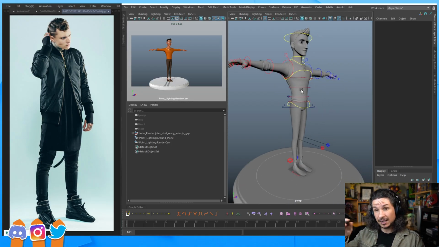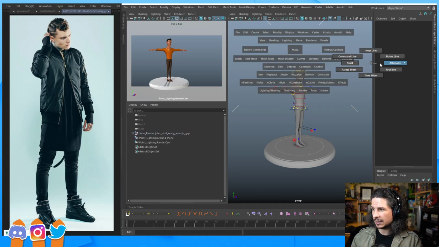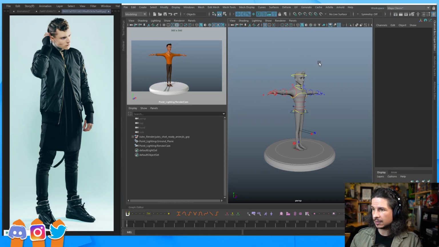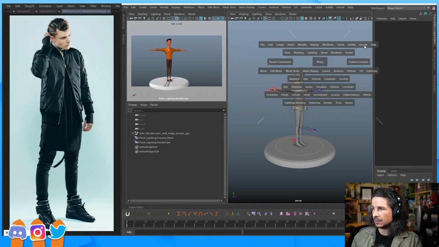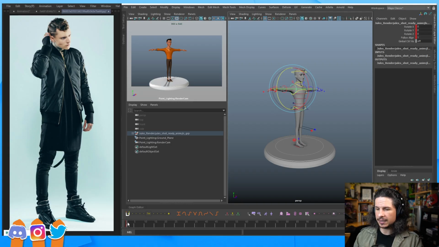We've already done a quick analysis. What I typically see when students start working on a pose, and let me actually bring back my status line. Okay. There we go.